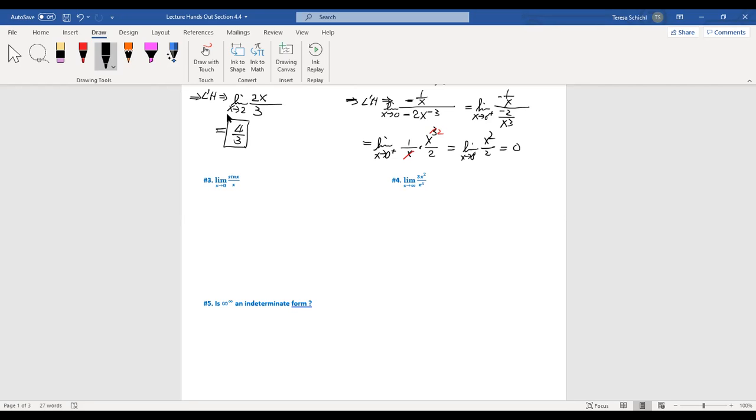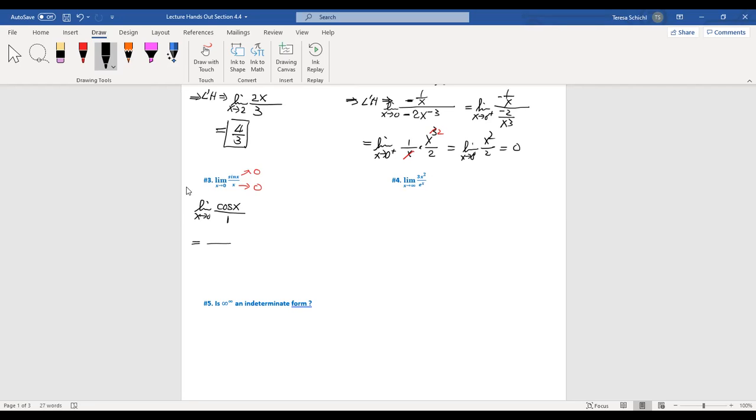So as x approaches 0, sine x approaches what? It's 0. And x approaches 0, so this is 0 over 0. Then by L'Hopital's rule, I can take the derivative of the top and the derivative of the bottom. The derivative of sine x is cosine x, and the derivative of x is 1.